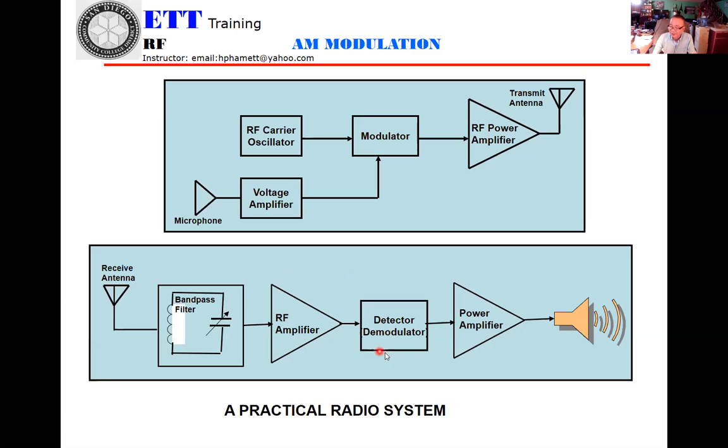So the purpose of the detector here is to remove the carrier and any DC if they have it, to get only your voice. That is what the detector wants to do. Then they amplify, then go to the speaker. That's how your radio works.